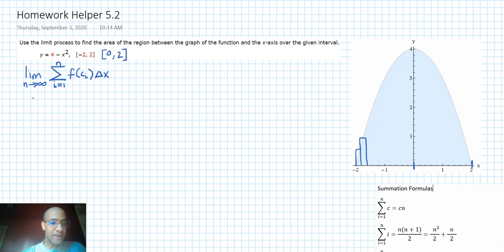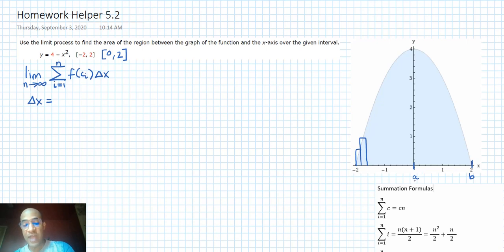The first thing we want to figure out is delta x, the width of each one of these rectangles. We're starting from 0 and going to 2. In general, we call that a and b, so we're starting at a and going to b. To find the width of the entire interval, I would do b minus a.